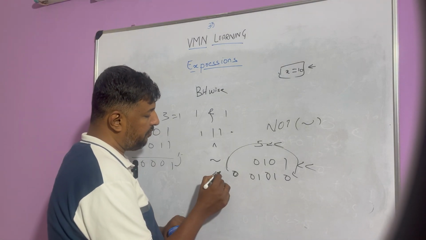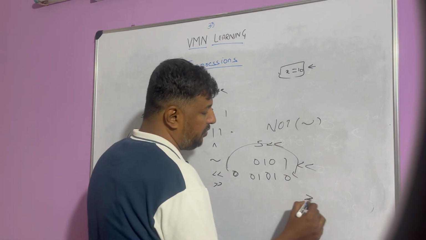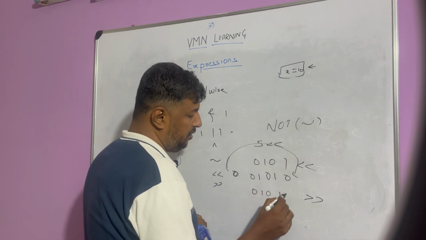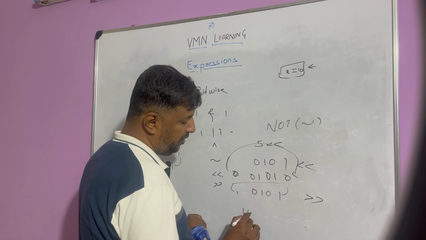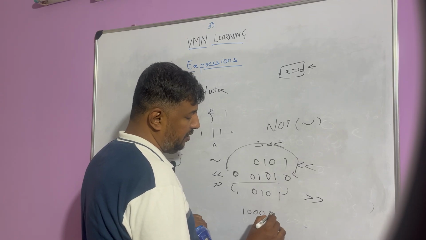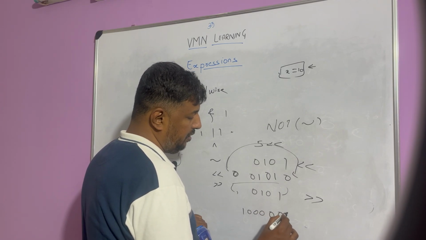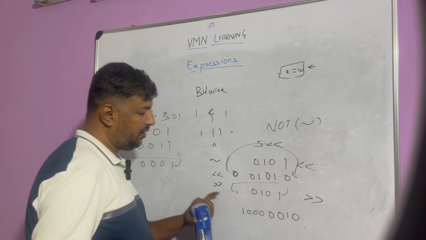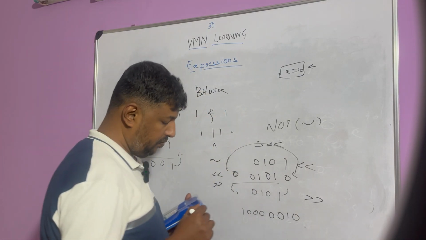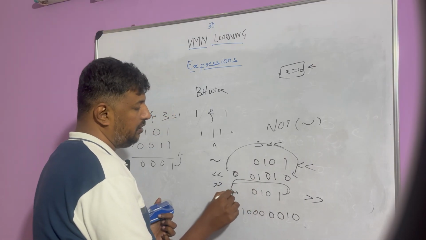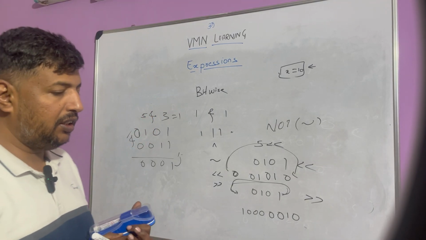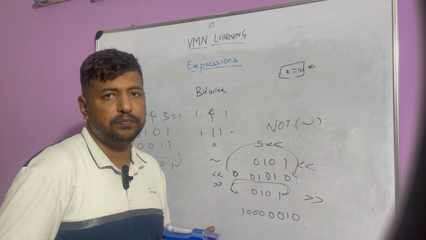Okay, so that is left shift. Similarly, the right shift, the last bit will go to the front for 8 bits. Okay, this is how it will shift. One position will be shifted, and the last one goes to the front. Okay, these are the bitwise operators. Thank you.